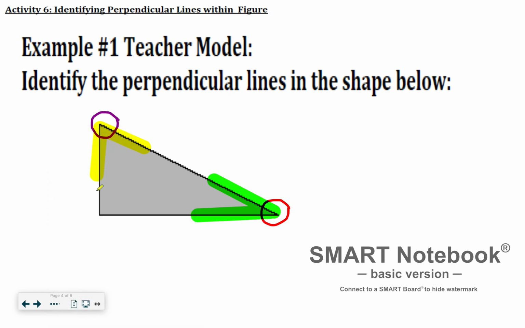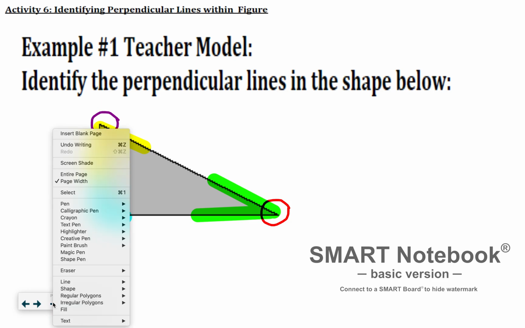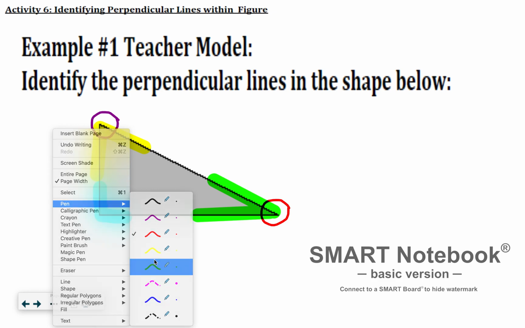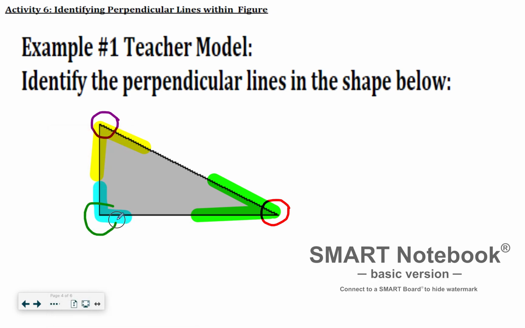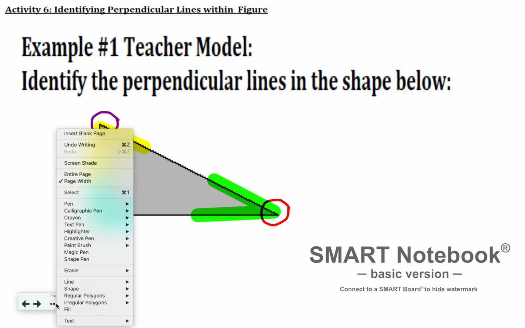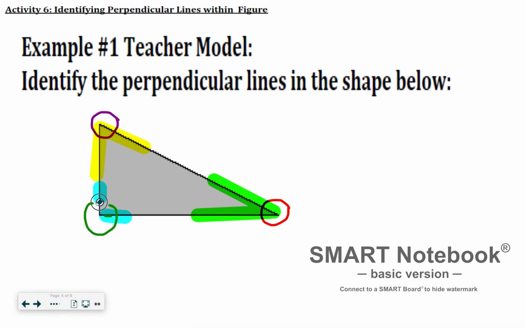And now let's look at our last corner. Do those two blue lines highlighted meet to form a perfect L? To me, that looks like a perfect L. Let's see if I can erase that so you guys can see.